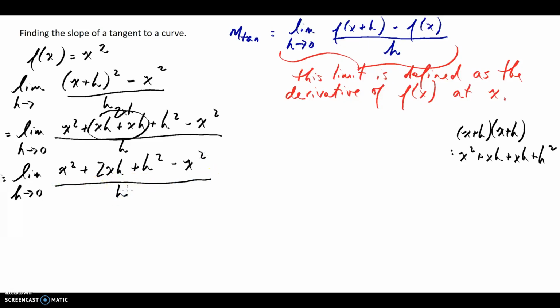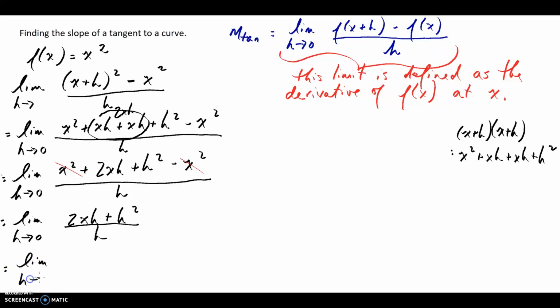Now, simplify that. x squared subtract x squared, those two things cancel each other out. So we are left with 2xh plus h squared, still all over h. Now, I think it's helpful to put each of these terms in the numerator over h individually and do the canceling of h. So I'll show you what I mean by that.